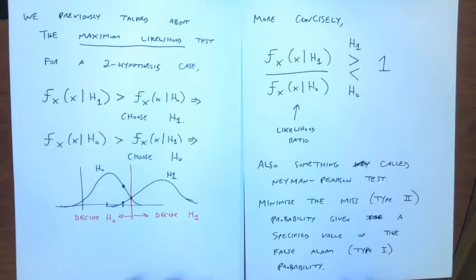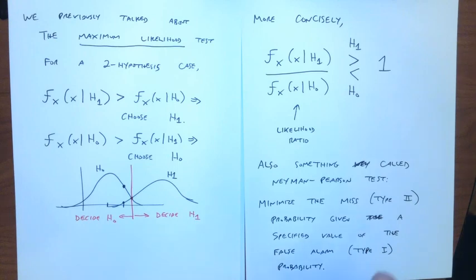So that's something that is a little more explicit: I tell you the false alarm probability alpha, say, and then you find for me the test that minimizes the miss probability, okay?